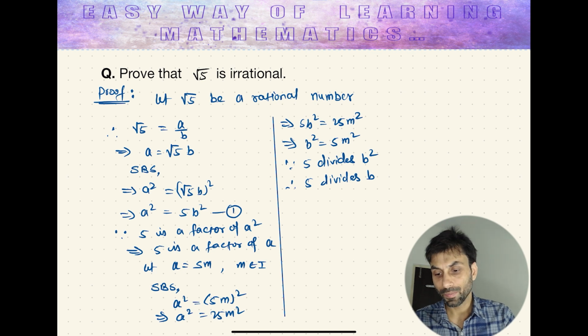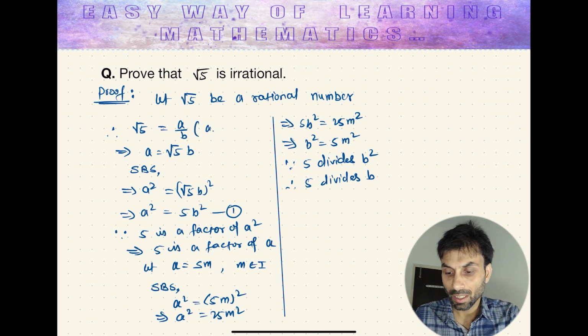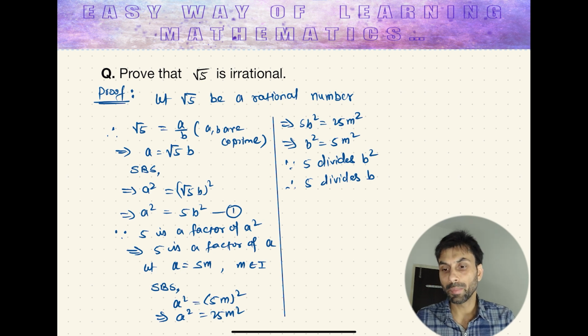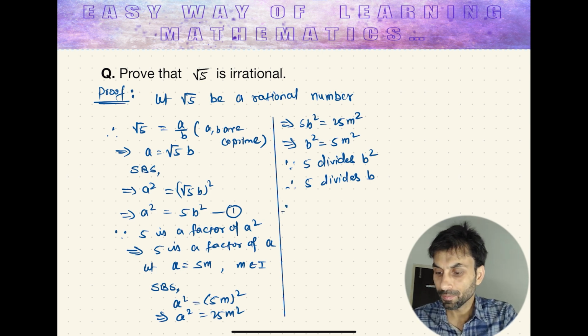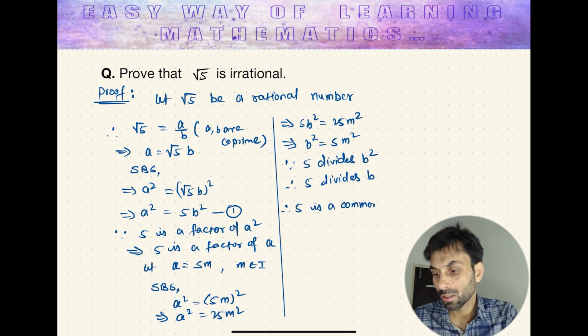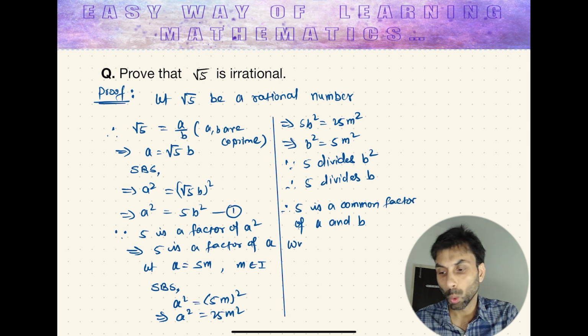As we had said in the beginning, one more thing, that a and b are co-prime. So what we observe here is that therefore 5 is a common factor of a and b, which is a contradiction.